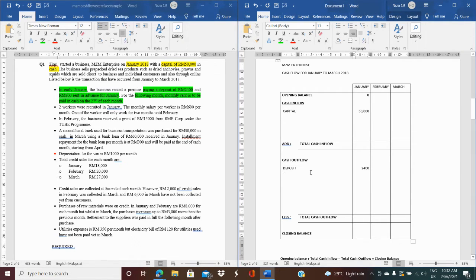Even though it is being paid early at the start of the month, this is still an expense, paid in cash.